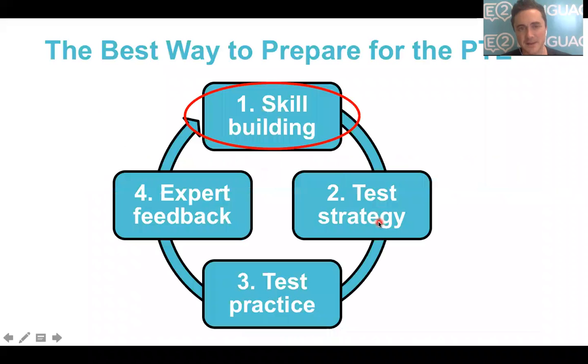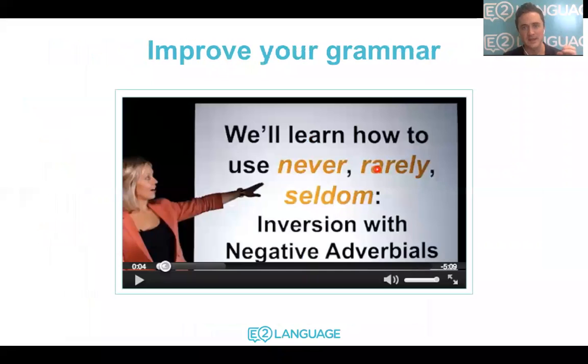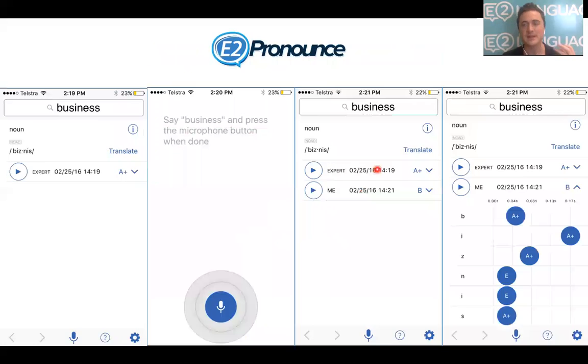How to prepare. Skill building. The method I showed you is a methodology for answering the question. It's step 1, step 2, step 3, step 4. Of course, without vocabulary and without grammar, it's completely useless, okay? You need to build your vocabulary, you need to improve your grammar, and in the speaking, you need to improve your pronunciation.